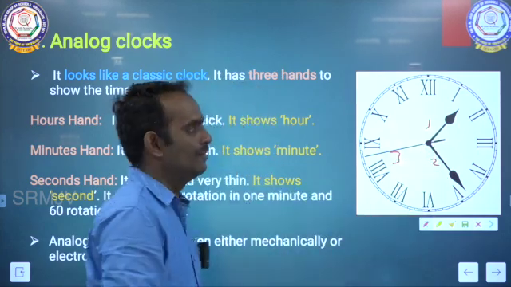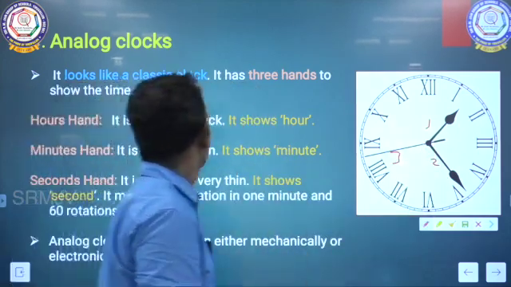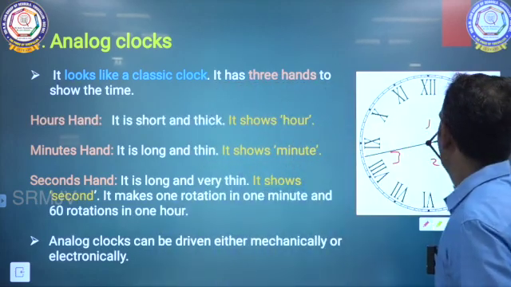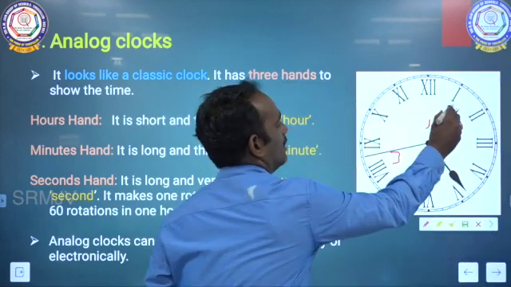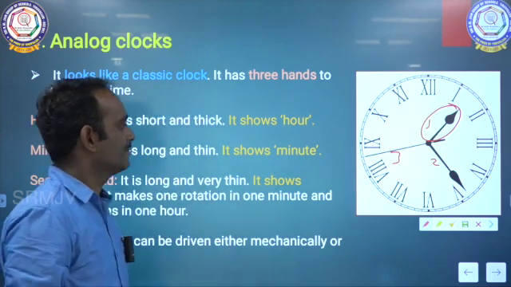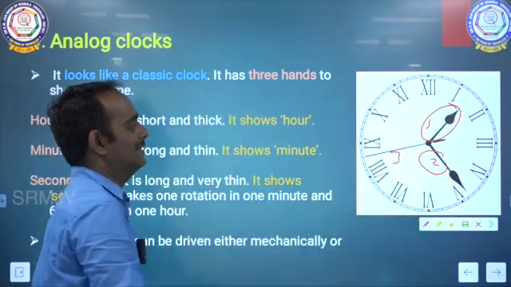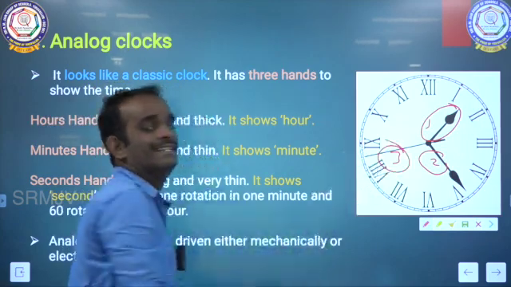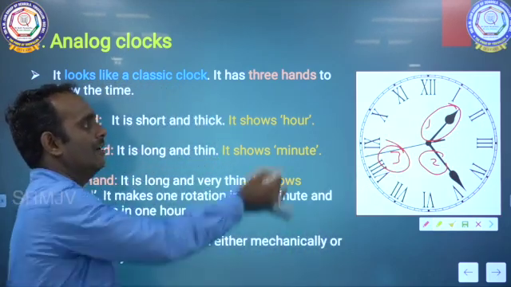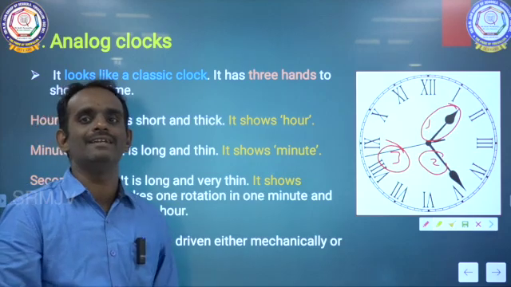Right? What are the 3 hands? One is the short, small one, the hour hand. Second one is the minute hand, and third one is the second hand. So, analog clock has 3 hands.